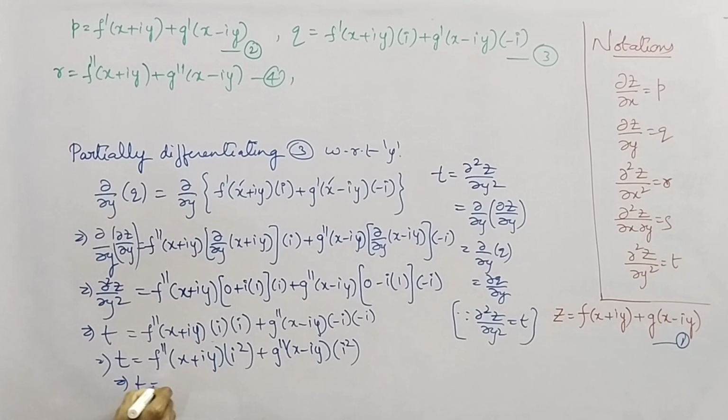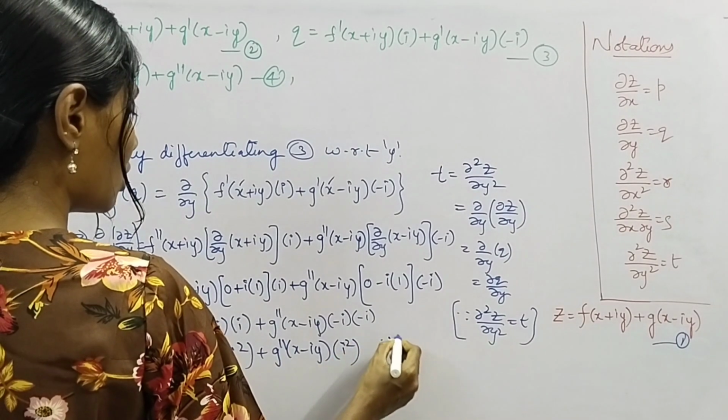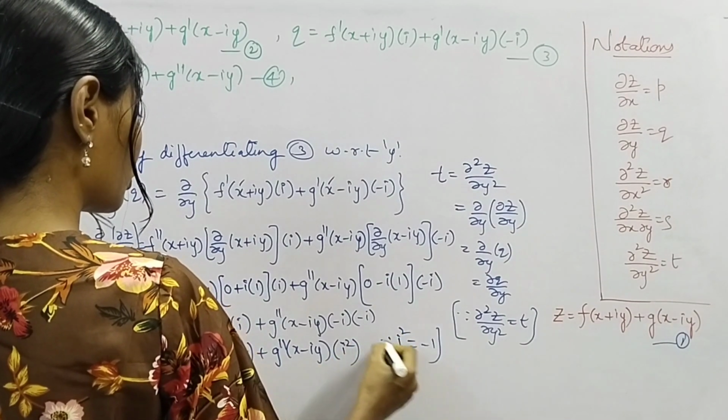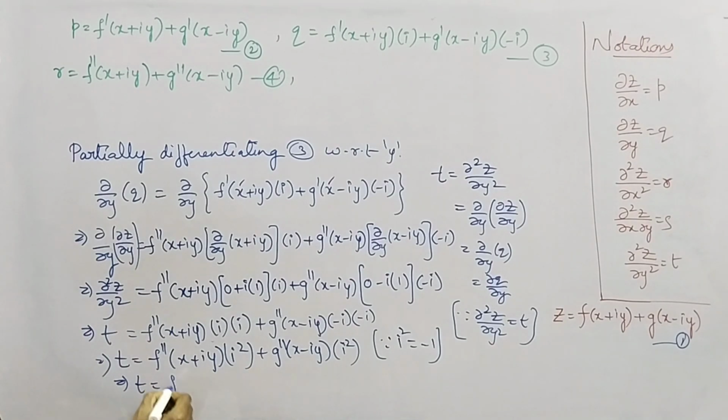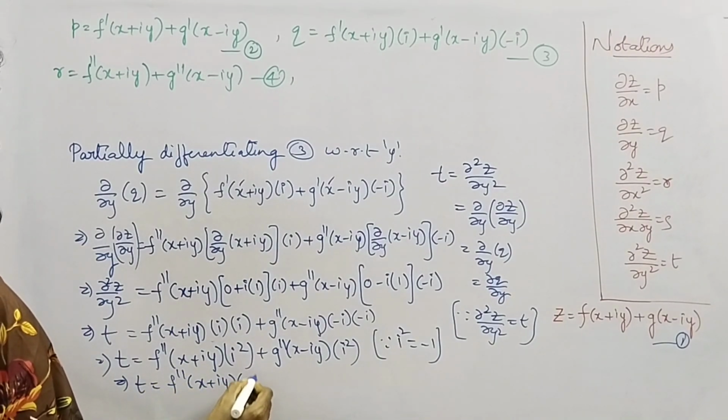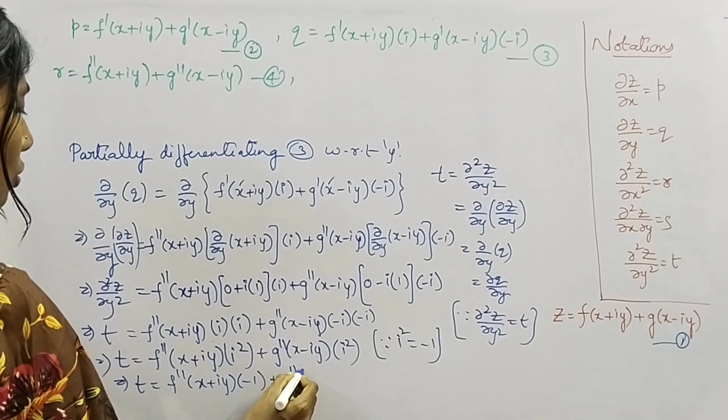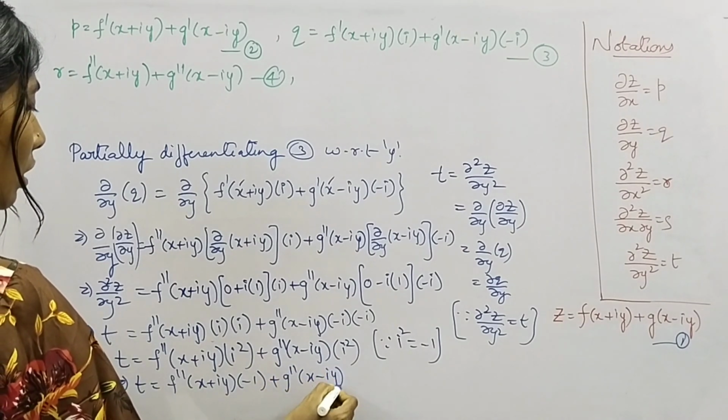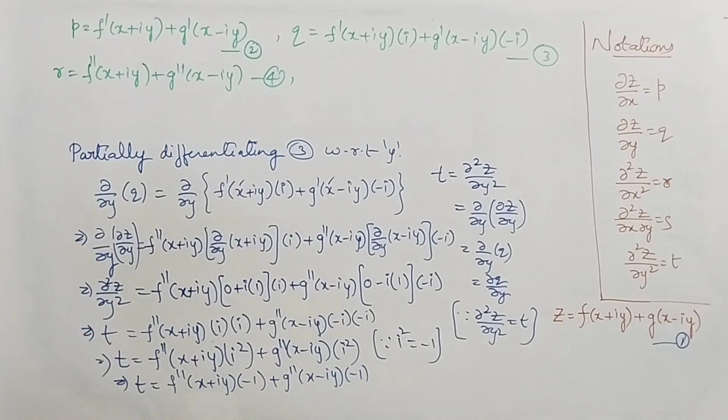Since we know that i square equal to minus 1, you'll get f double dash of (x plus iy) into minus 1 plus g double dash of (x minus iy) into minus 1, right?